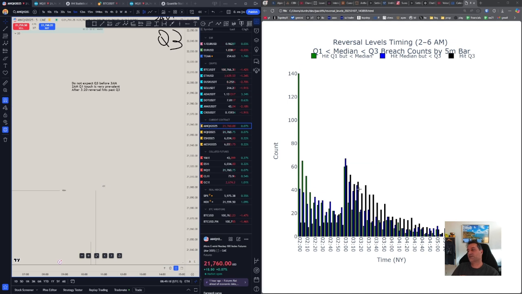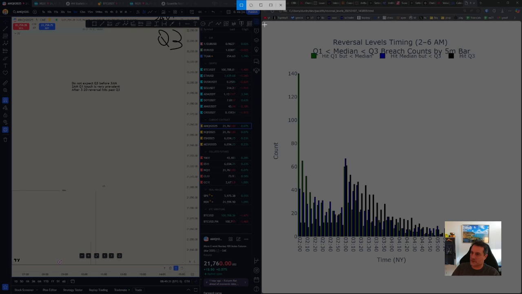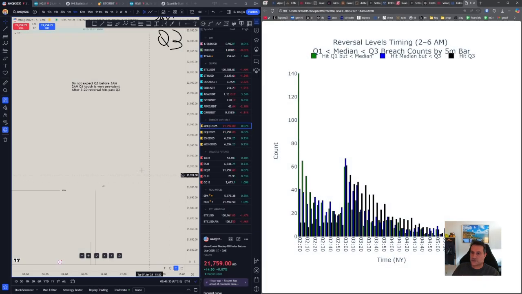So this is what I can see from this chart, right? So relevant for entries in 2 to 6. Right, so that's what I get from this, right?